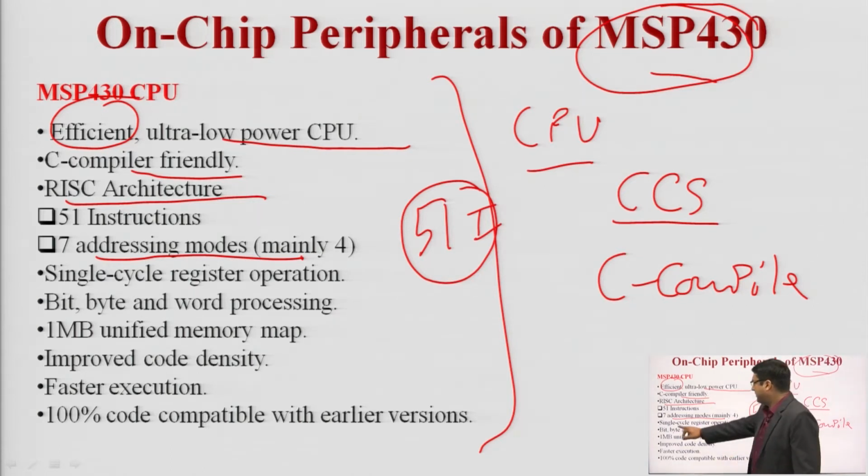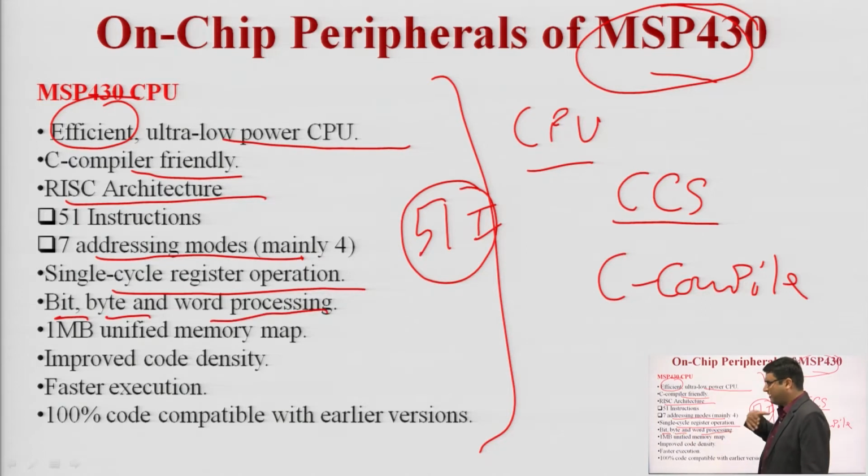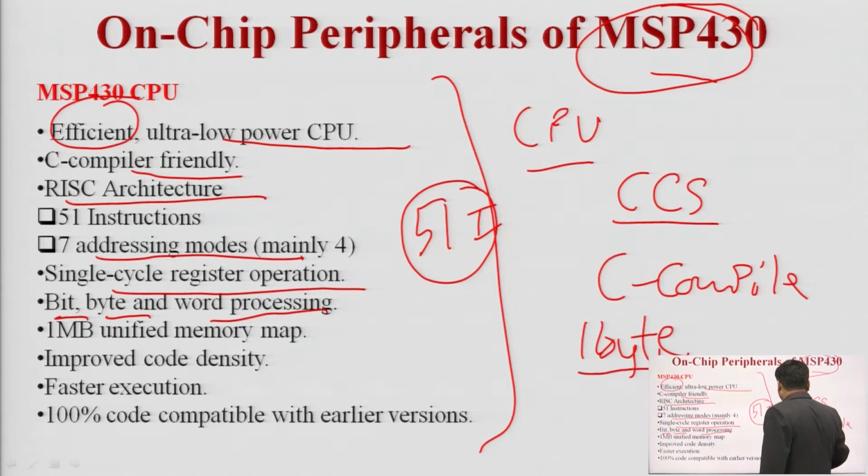After that, it has single cycle register operation. In a single cycle, registers are able to do a particular operation. It has bit accessible, byte accessible, or word processing. So basically, the instructions can be executed in bit format, and for a particular byte we can use it. A particular bit can be accessed in MSP 430.